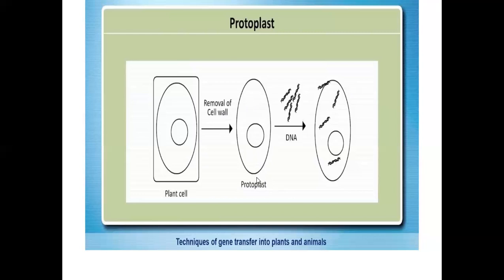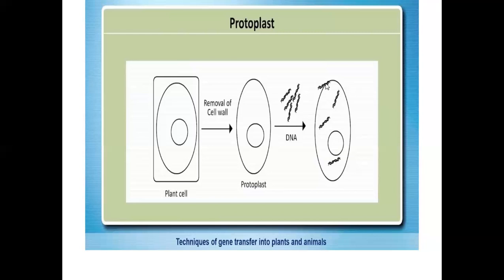The target plant cells and target DNAs are mixed with PEG chemicals. The two are taken in polyethylene glycol. With the help of polyethylene glycol, the target plant cell plasma membrane shows pore-like structures.